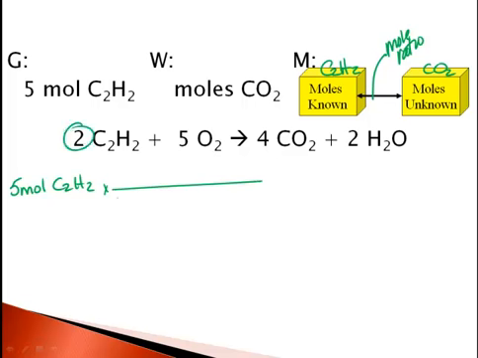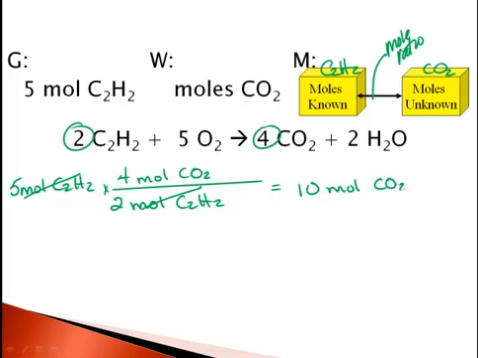The 2 tells me that there's 2 moles of C2H2 and 4 moles of CO2. Moles of C2H2 cancel out, so it's 5 times 4 divided by 2, or 10 moles of CO2.